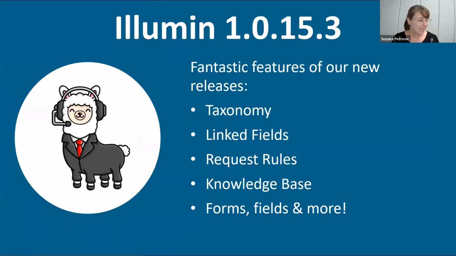This release adds some great new features and improves on our existing offering. Features that we will cover today include taxonomy, linked fields, request rules, enhancements to our knowledge base, forms, fields, emails, and so much more. It's going to be a cracker.